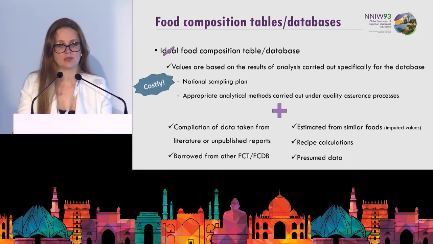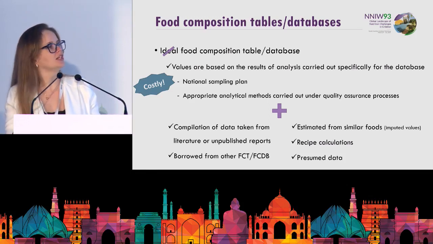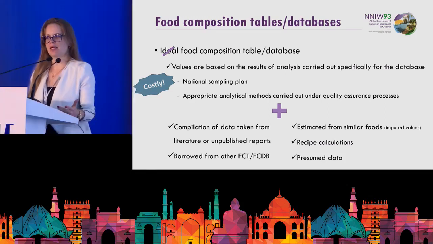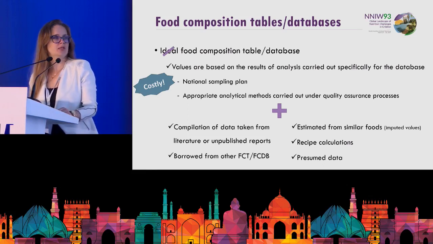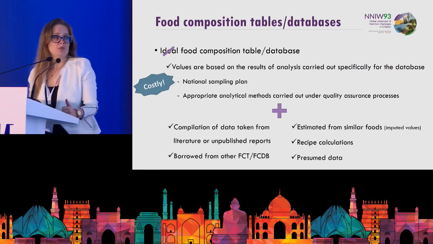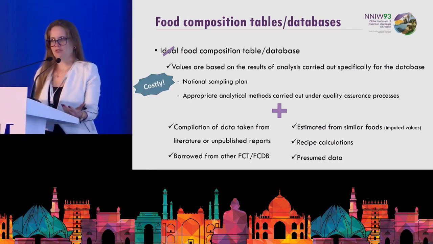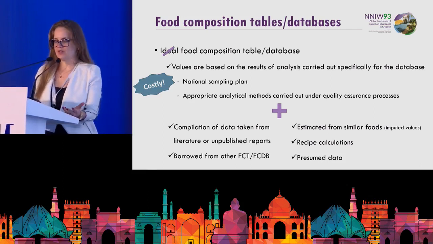We can have recipe calculations, so based on the composition of each ingredient, we can estimate the amount of nutrients in a recipe. And we have also presumed data. So, for example, we don't need to analyze cholesterol in plant foods because we don't expect to find it.